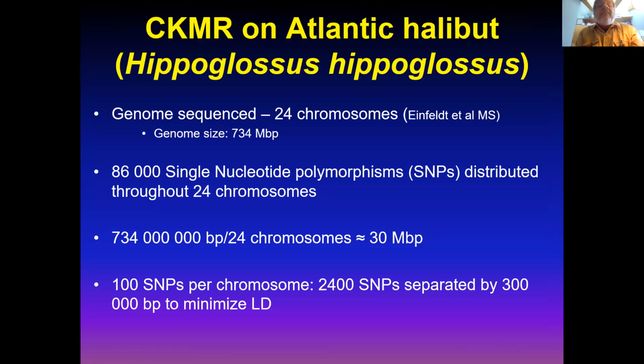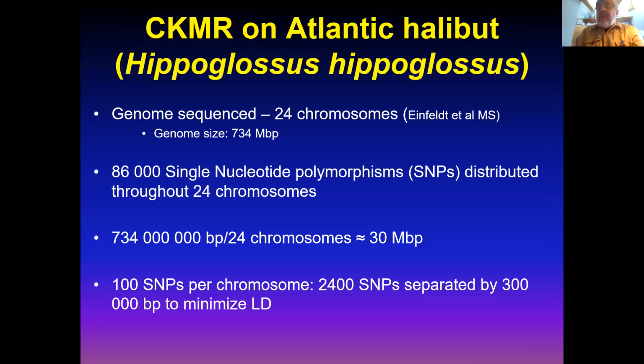So to recap, we have the genome sequence of the Atlantic halibut. There are 24 chromosomes, and the genome size is about 734 million base pairs, megabase pairs, and we've identified something in the order of 86,000 SNPs, single nucleotide polymorphisms, that are distributed throughout those 24 chromosomes.